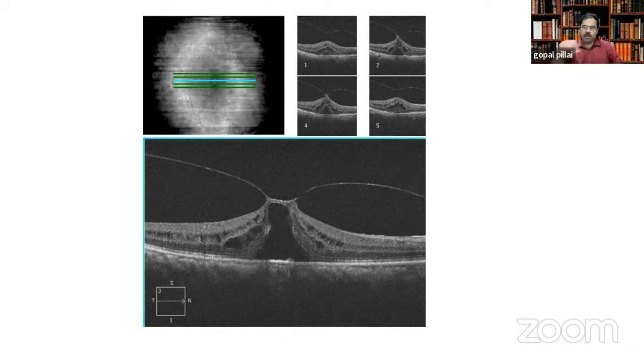We can just cut around it. And then you can do an ILM peeling. ILM peeling ensures that you've completely removed all the traction. And again, during the ILM peeling, maybe you need not completely peel the ILM on the surface of that roof. Okay.